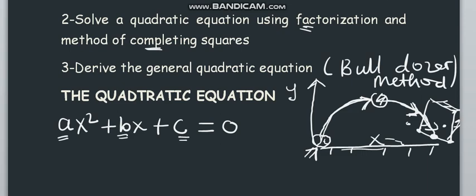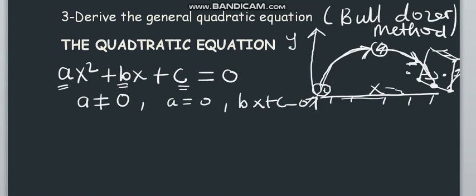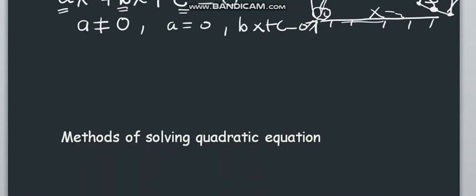And this is x², the highest degree should be 2, followed by 1 and 0. It is a quadratic equation when a is not equal to 0. If a is 0, then it is not a quadratic equation, because we shall have an equation of the nature bx plus c, which is a linear equation.